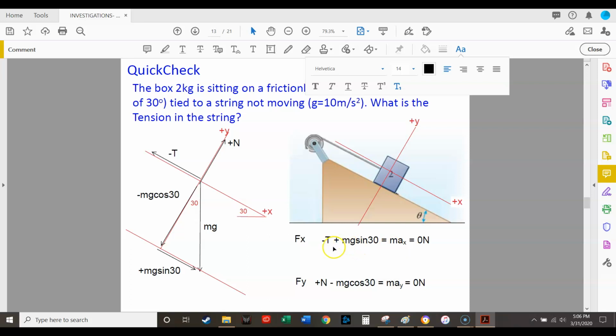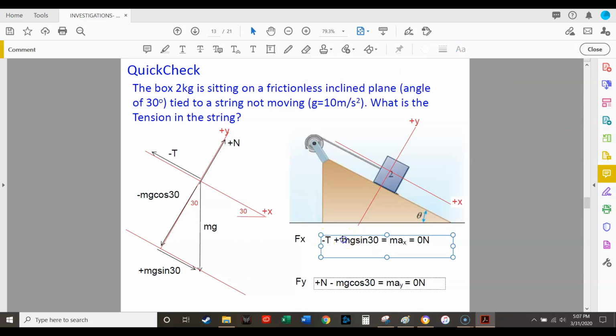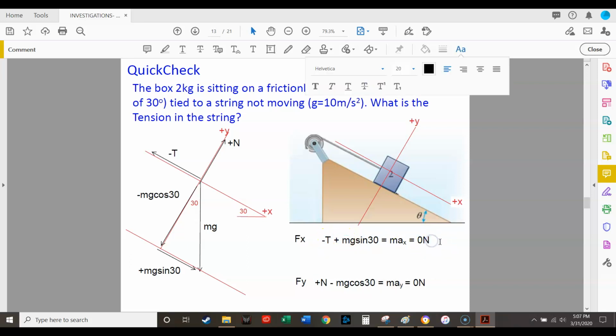All right, let's try to solve the problem. We're going to use the x direction forces to solve for the tension in the string. So I'm going to rewrite this so it looks a little bit cleaner: negative T plus mg sine of 30 degrees is equal to 0.